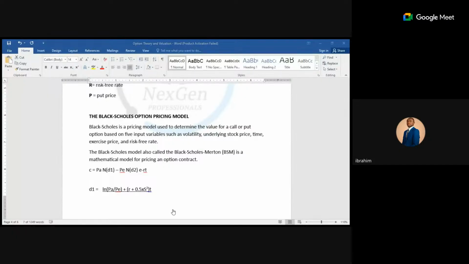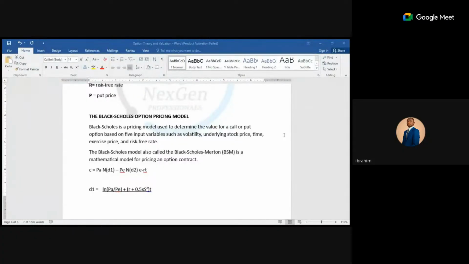Now, the Black-Scholes model is used to determine the value of a call option and put option based on 5 input variables. These 5 input variables are also factors that affect the Black-Scholes model.